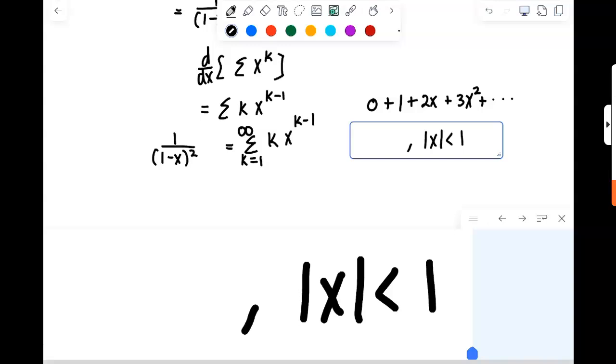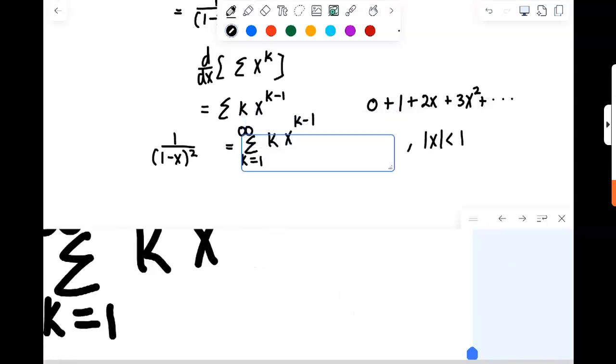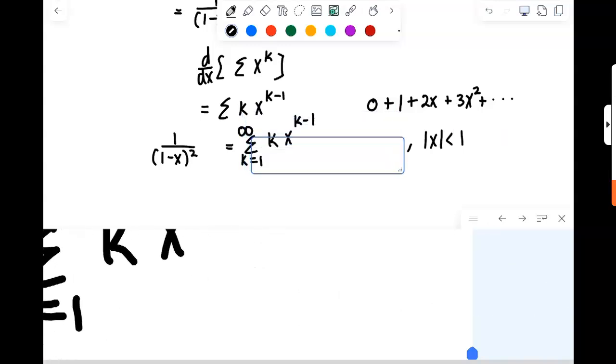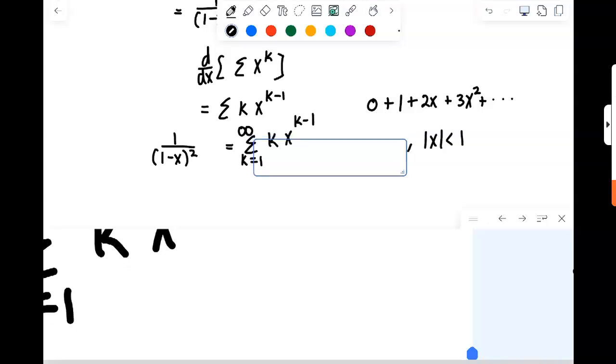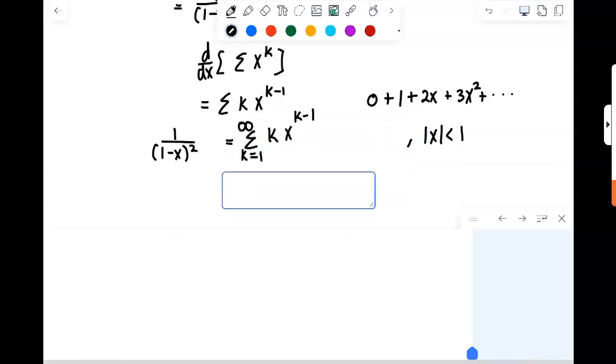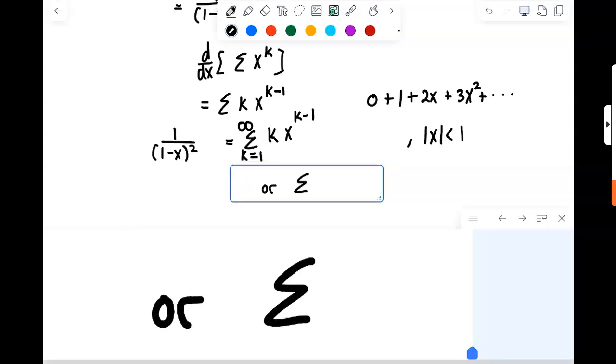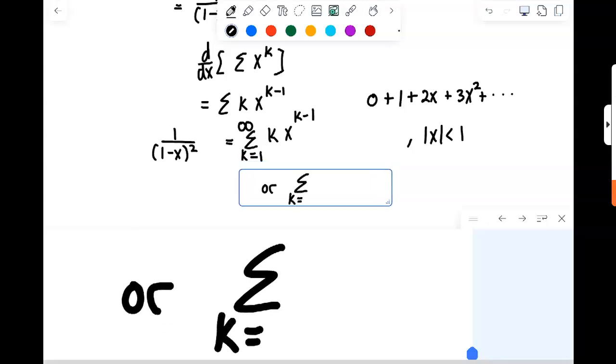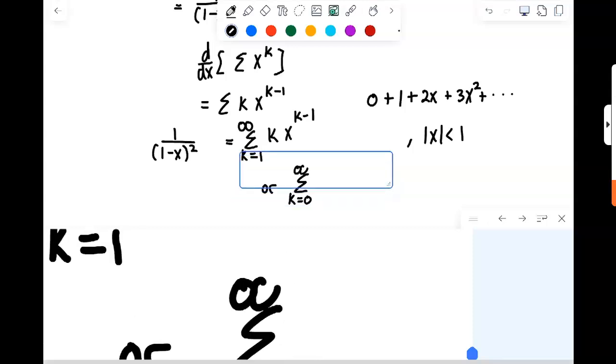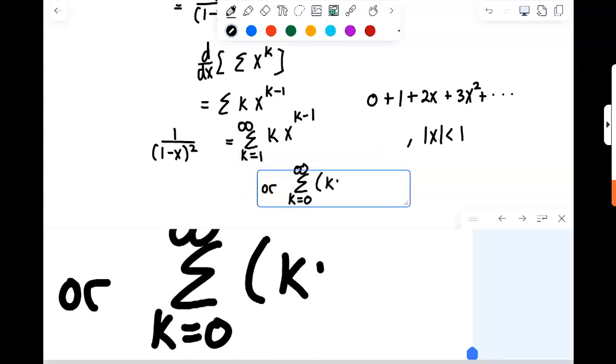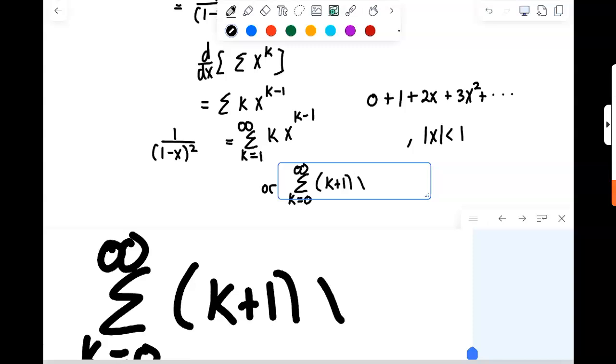So again, we can leave it like that, or we could adjust it to make k go from 0 to infinity of k plus 1 times x to the k.